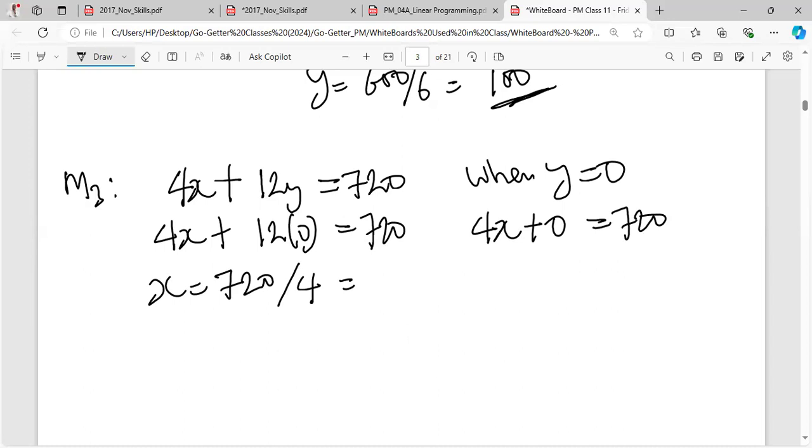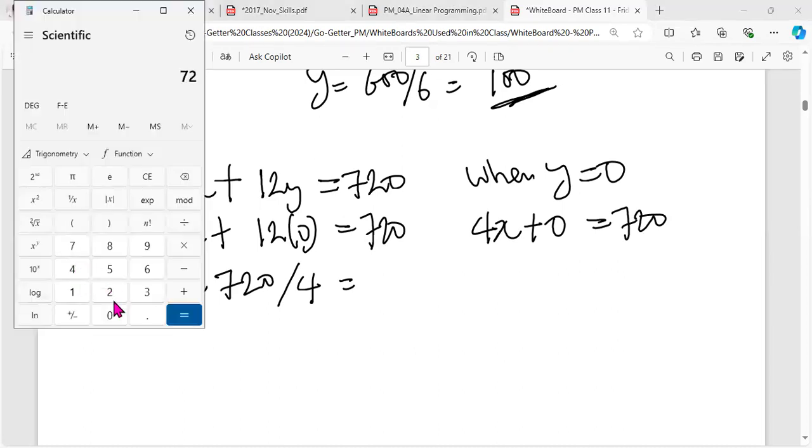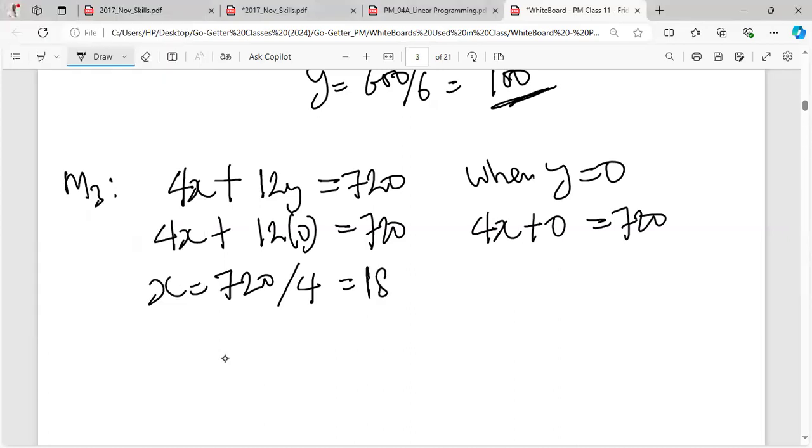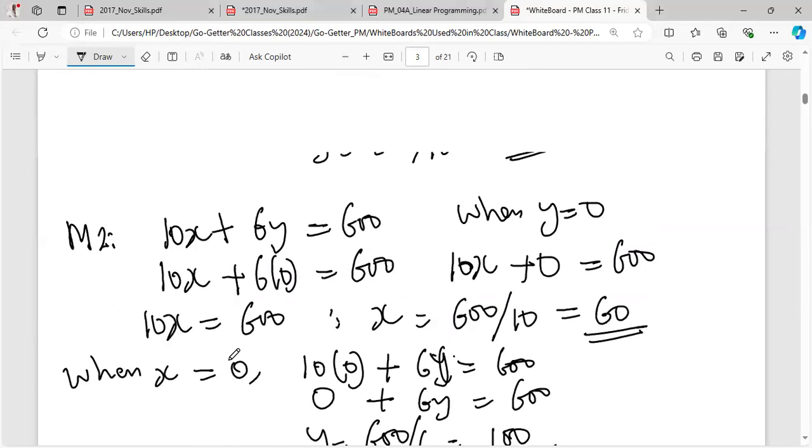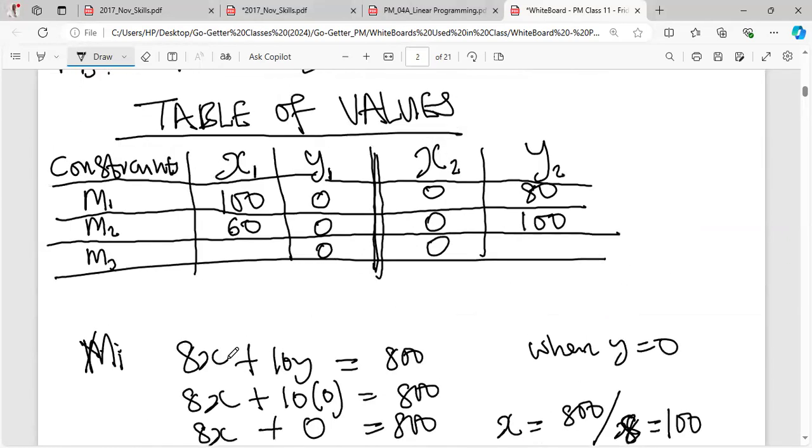Let's do our calculation here. 720 divided by 4, that will give me 180. So when y is 0, x is 180. So I have 180 here.